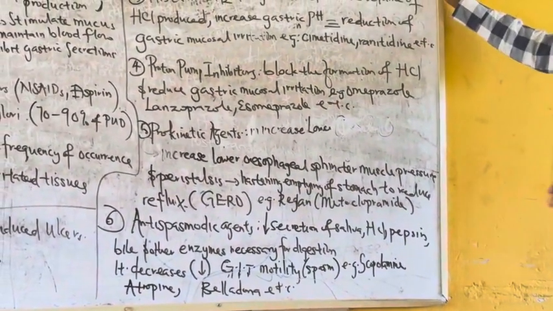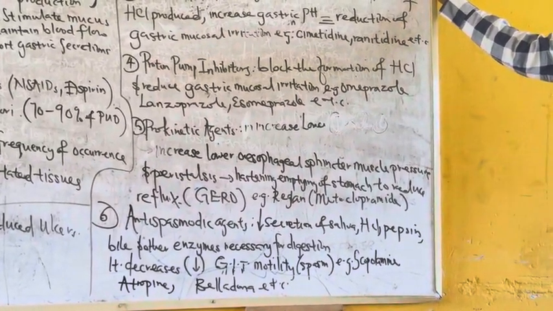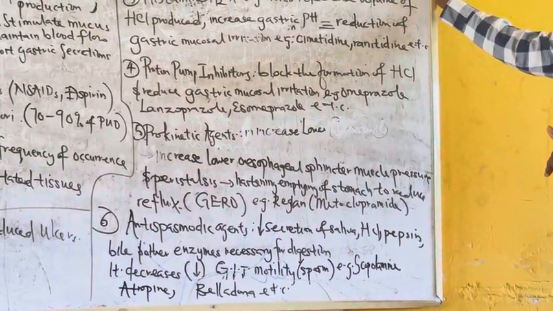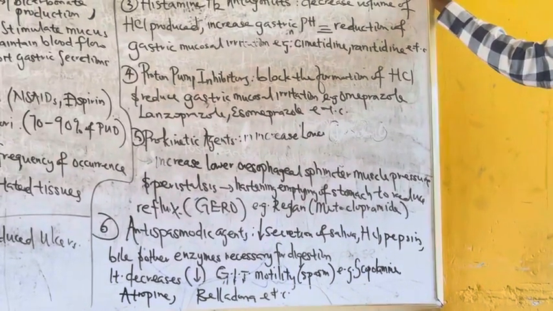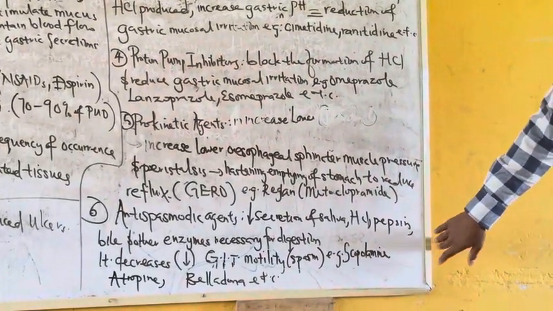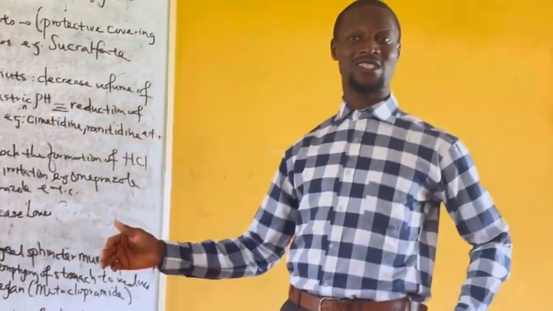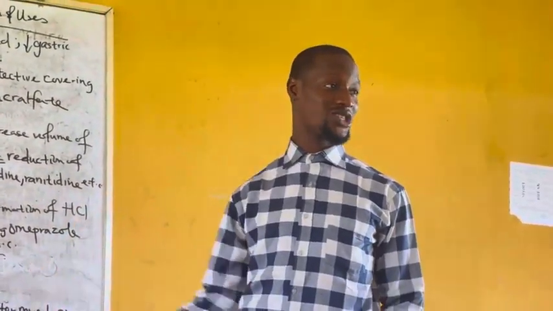The major drugs here are atropine, which is an antagonist, scopolamine, and belladonna. Although these drugs will find more uses in other conditions, their only use here is because of the reduction in secretion.